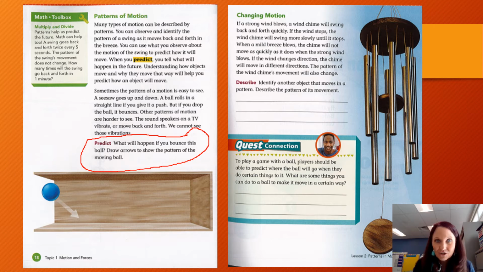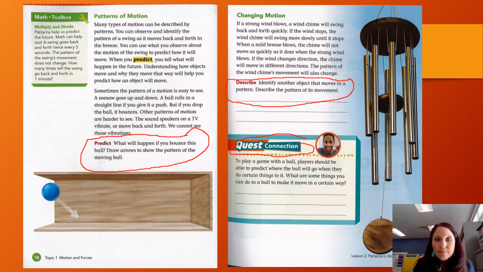So another question you're going to have to answer on your assignment, identify another object that moves in a pattern and describe the pattern of its movement. Okay, another one down here will be your quest connection.